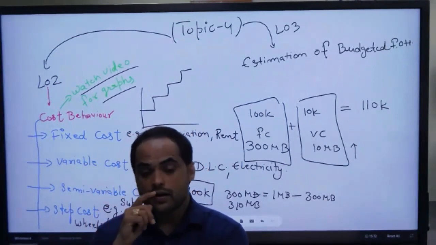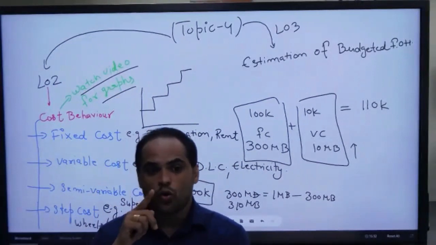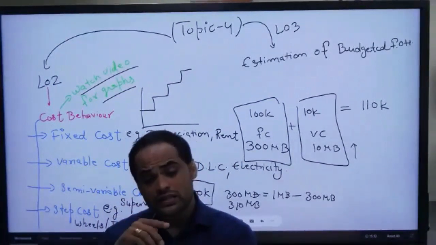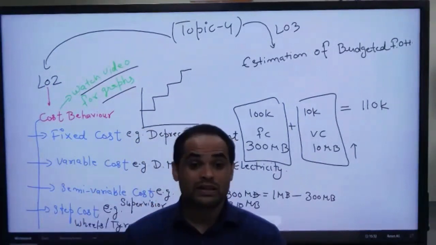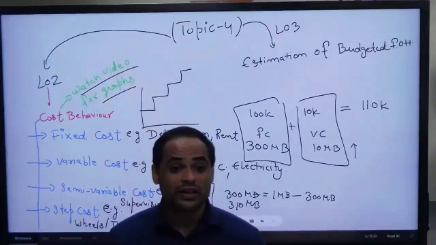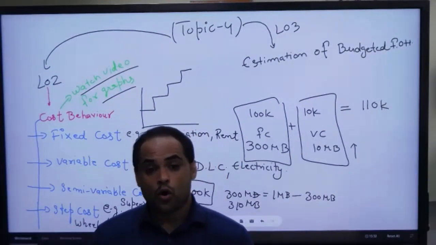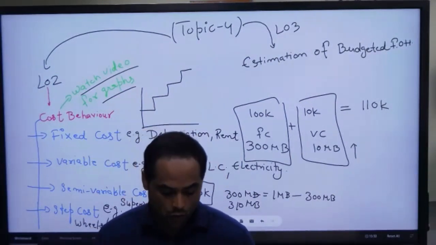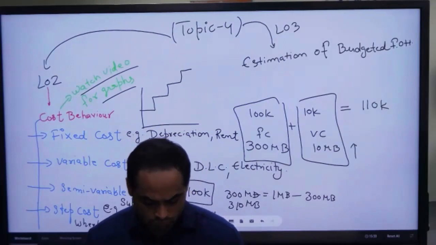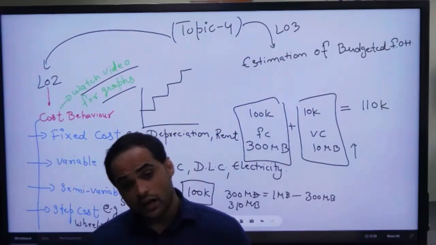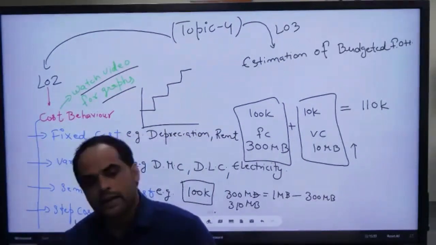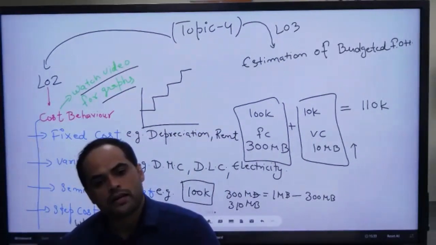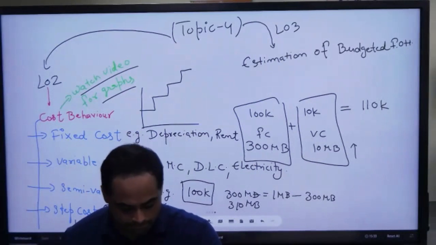I repeat, budgeted factory overheads will always be calculated in the form of quantity. So it means how much quantity of units cost will equal the budgeted factory overheads. In other words, budgets will be estimated in quantity.